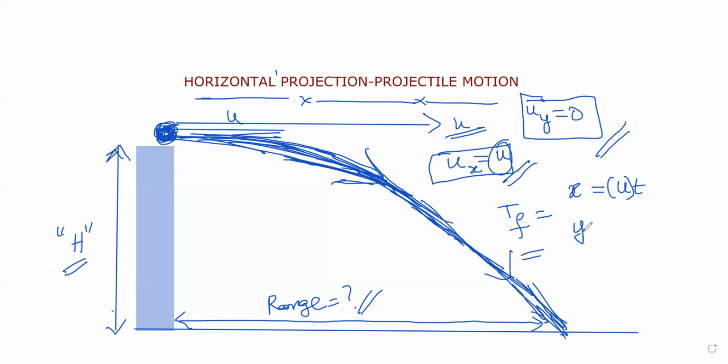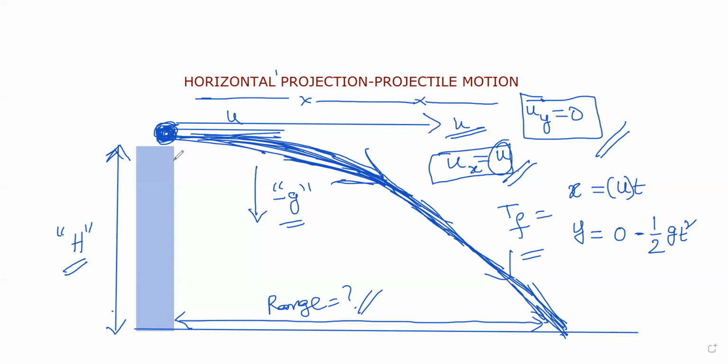But when you consider the vertical direction, the velocity in the y direction is 0, and gravity in the y direction is downwards, that is negative g. That is the acceleration. So you can say that y is equal to minus half gt square.